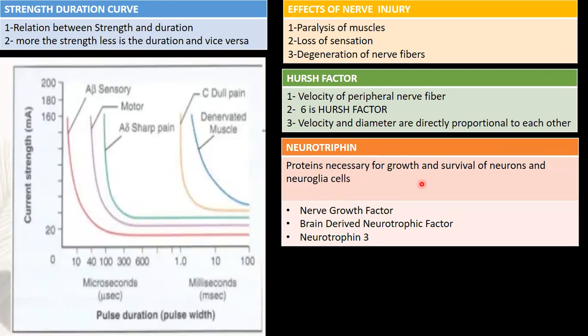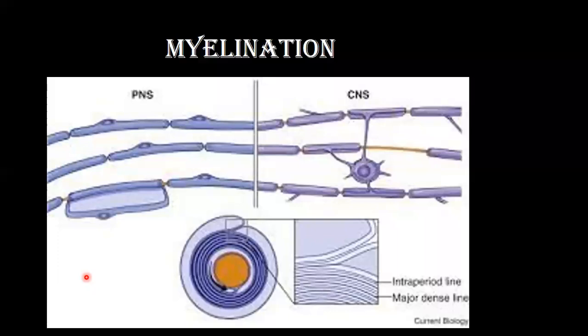It is basically a protein necessary for the survival of neurons, which are the functional unit of the nervous system, and the neuroglia cells, which are supporting cells of the neurons. And these three are nerve growth factor, brain derived neurotrophic factor, and neurotrophin. These are just to remember, not to go deeply into, as it is not much more important.